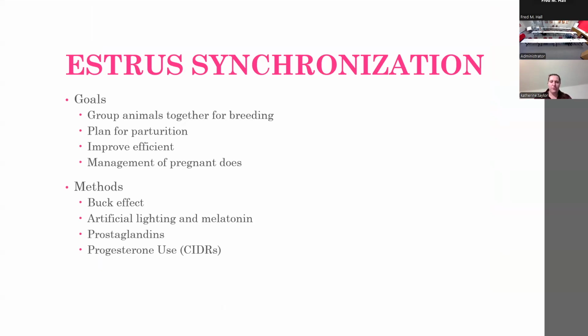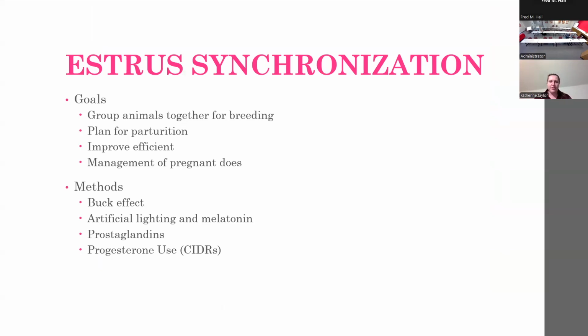This allows for a producer to plan for when the parturition is going to occur, how they can improve efficiency with keeping groups of animals the same age, and they can manage those pregnant does better. They're not having does in different stages of pregnancy or lactation, and it allows that producer to have efficient nutrition and management of those groups and keep a consistent group.